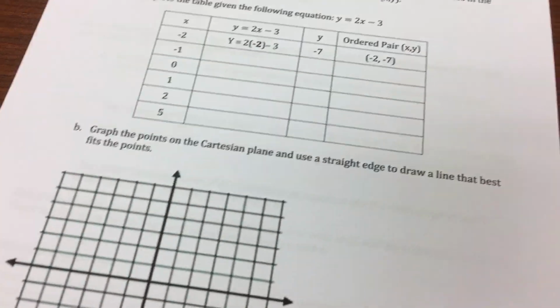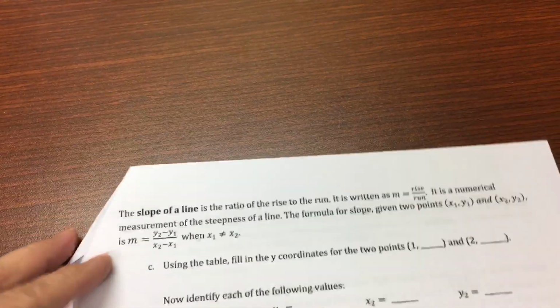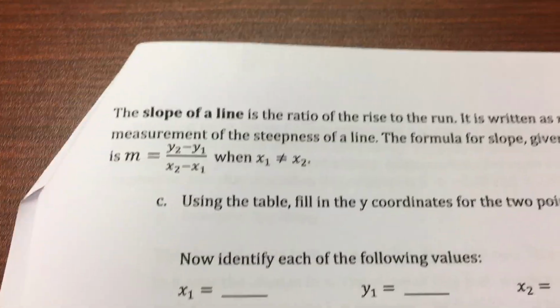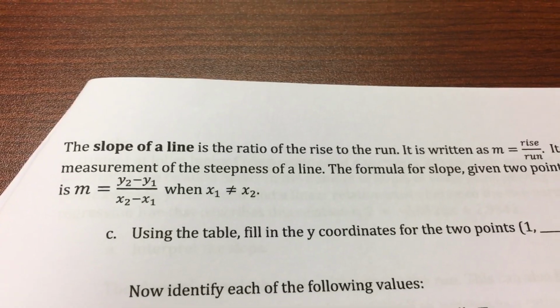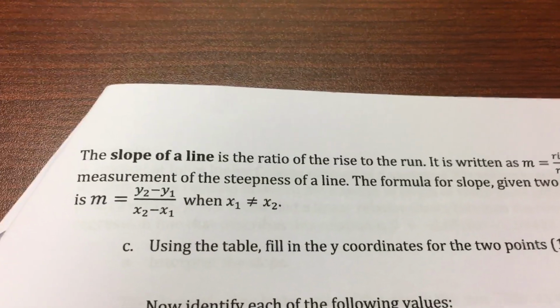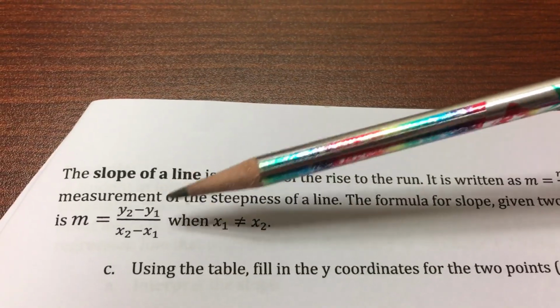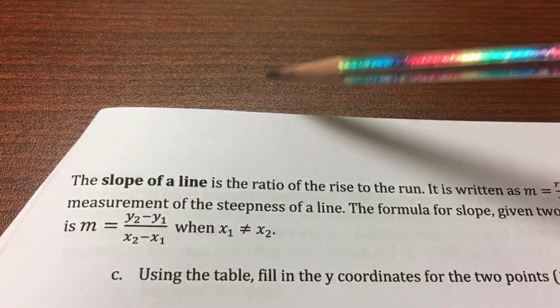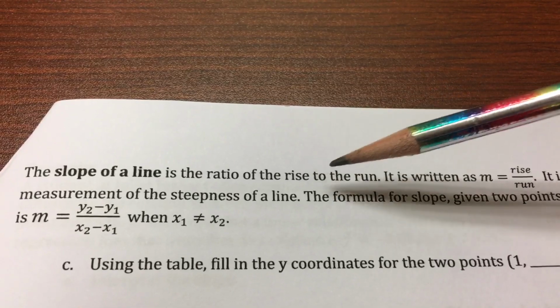The next page of this handout, let me get to the second page. The next page is trying to show you some connections between finding your slope and writing out your equation. So notice this says, and we've had this before, the slope of a line, this is the equation for the slope: y2 minus y1 over x2 minus x1. And so the slope of the line is the ratio of the rise to the run.